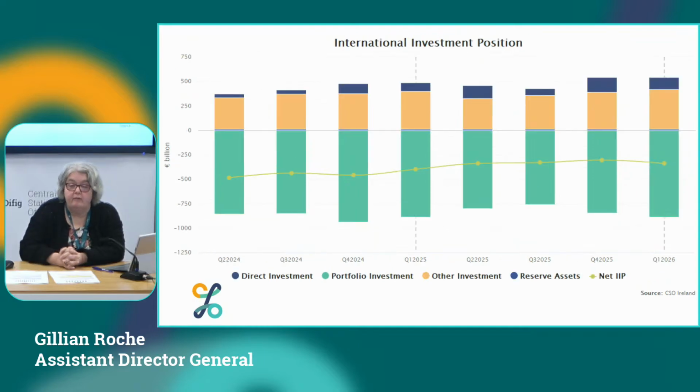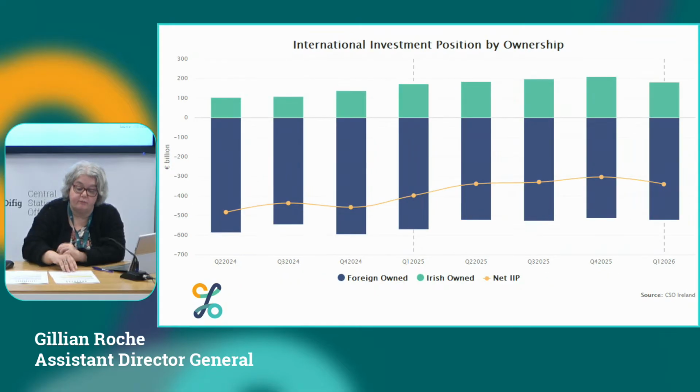Just to briefly then look at the net IIP, we've already noted that it stood at minus 340 billion at the end of March, so that's a decrease of 36 billion on the end of December 2025, and that decrease is largely driven by changes in the non-financial corporation sector. And just then to look at the multinational activity of foreign controlled corporations there in the IIP, we've got that broken down into foreign and domestic controlled.